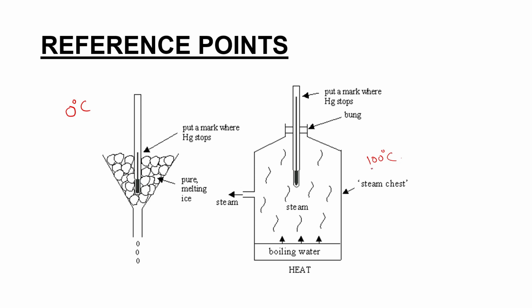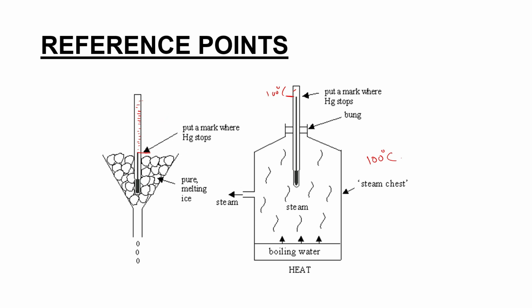So these are the two reference points, and you can interpolate between these two points to easily measure the temperature. For example, we will measure the height of the mercury here, due to thermal expansion. We will put a mark here, this is 100 degrees Celsius, and here you will put a mark, this is 0 degrees Celsius. Then you can easily divide it into equal intervals, and then you can easily measure the temperature.